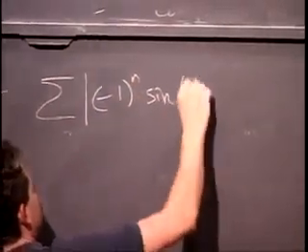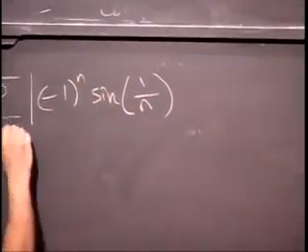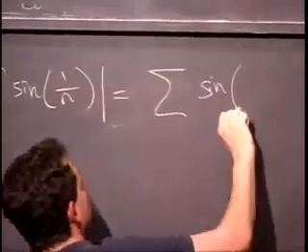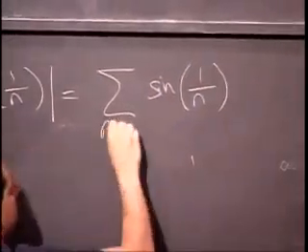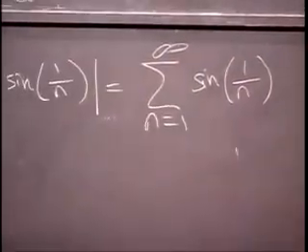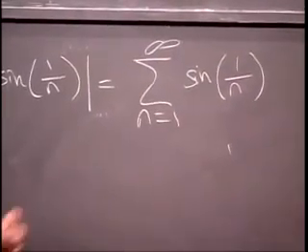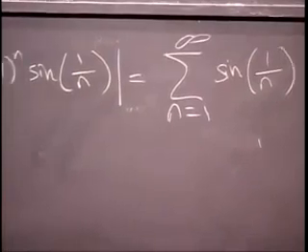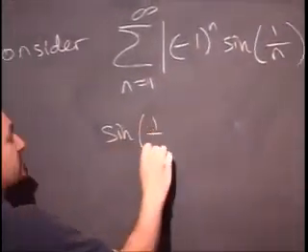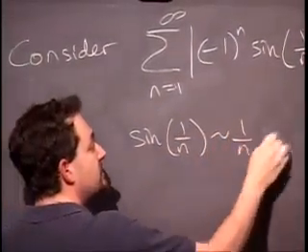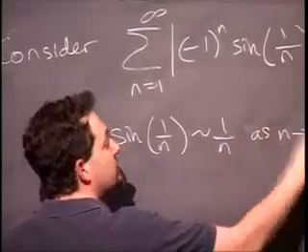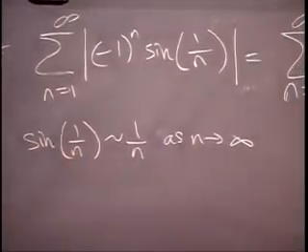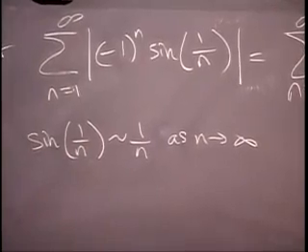Which, of course, is the same thing as just sine 1 over n. After what I've said, this is positive. And we did the example of sine squared 1 over n just about half an hour ago. Just to remind you, we saw that sine 1 over n is asymptotic to 1 over n when n is large. After all, then 1 over n is small, and sine of the small number twiddles the same small number.